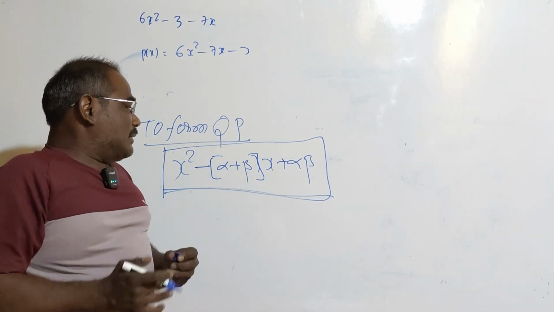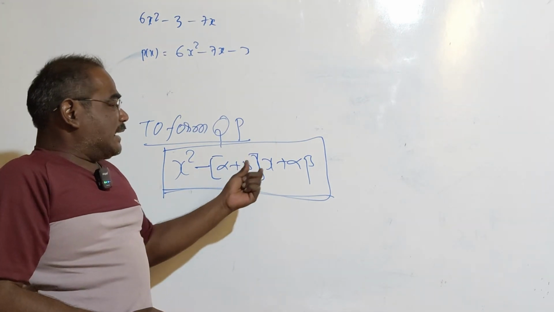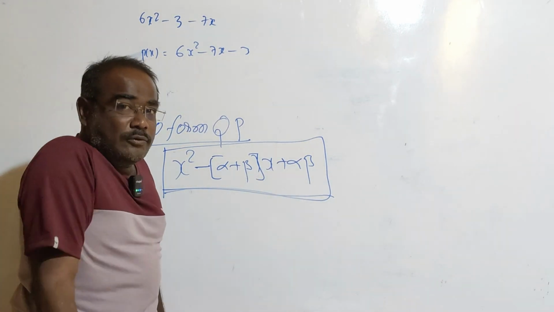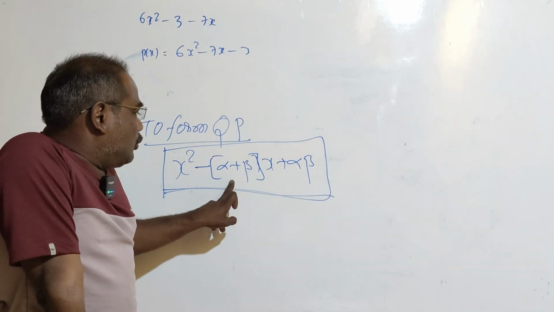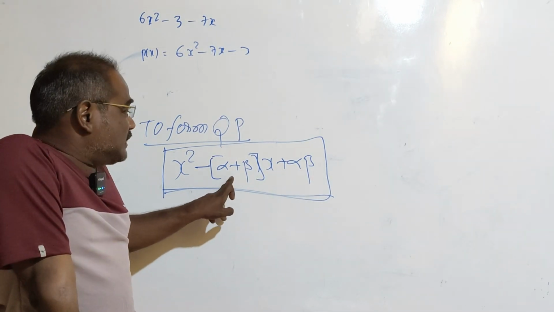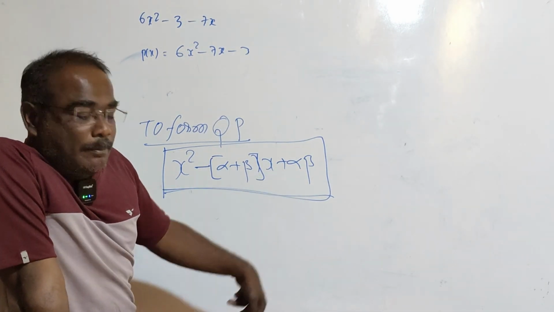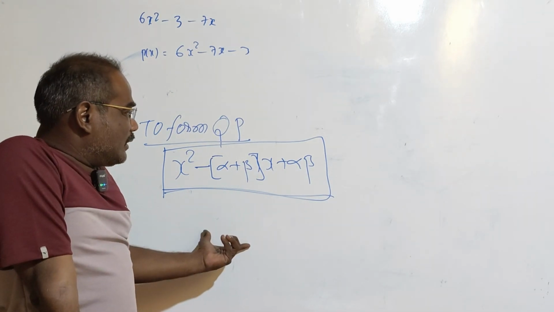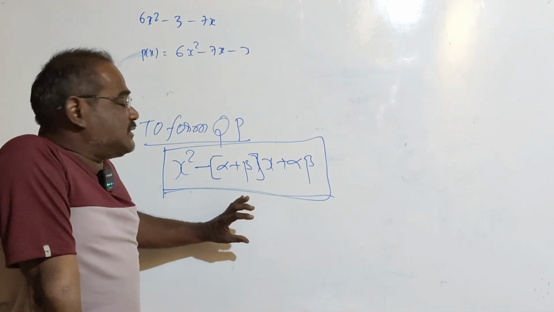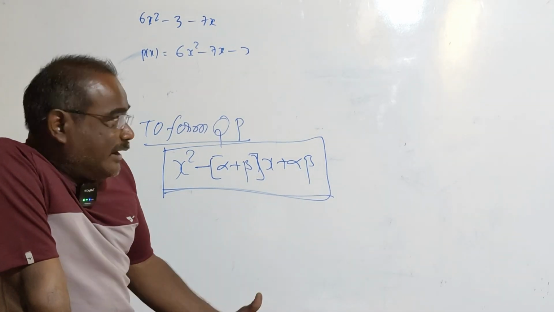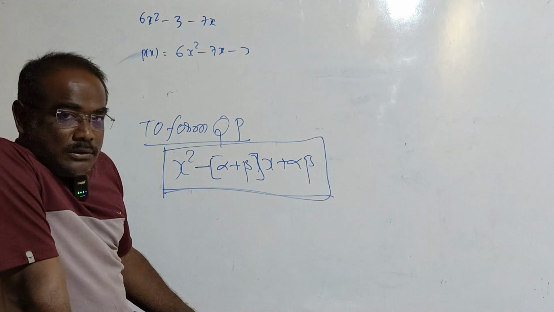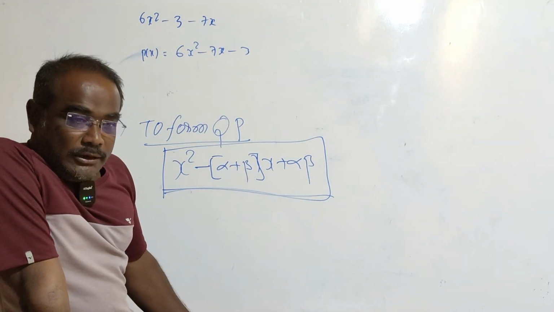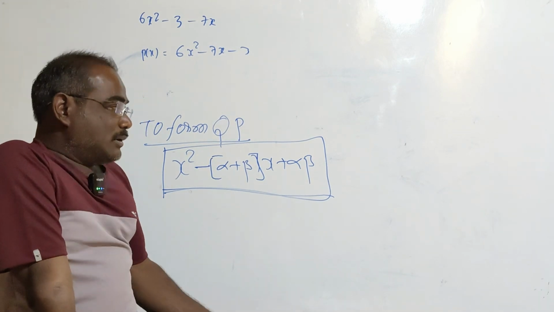Sometimes he gives the sum of roots and product of roots. We need to frame the quadratic polynomial x square minus alpha plus beta into x plus alpha beta. How does it work? We will study in the next class.